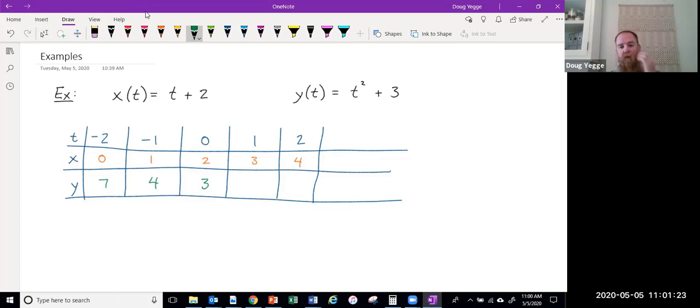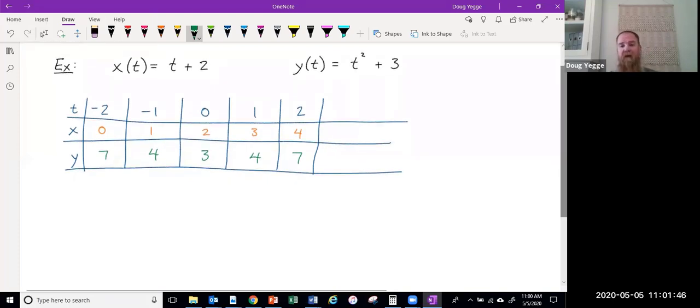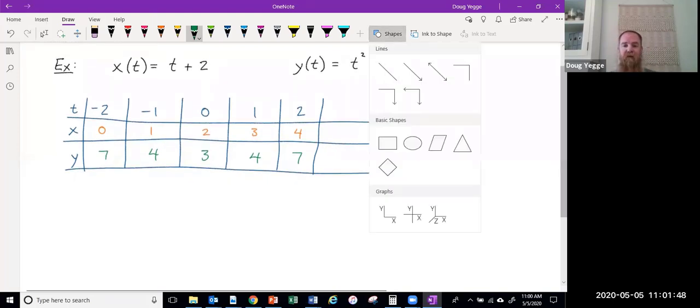Square 1 to get 1, add 3, and you get 4. Square 2 to get 4, add 3, and you get 7. So now we should realize that the y coordinates changed in a quadratic way. So all we're basically showing here is that we should be able to graph this or come up with some sort of plane curve that describes this situation, okay?